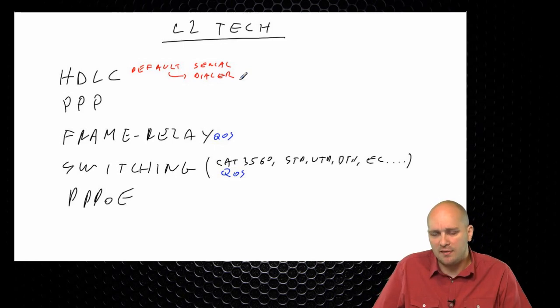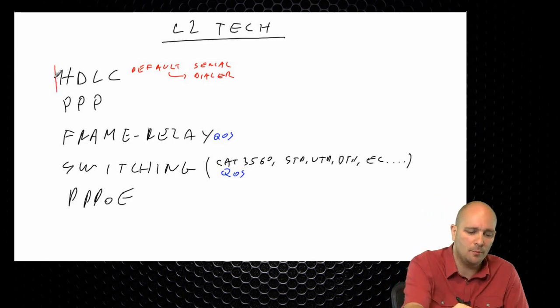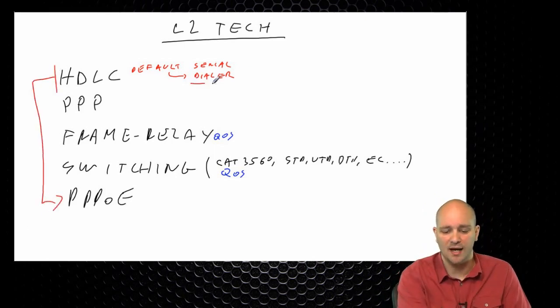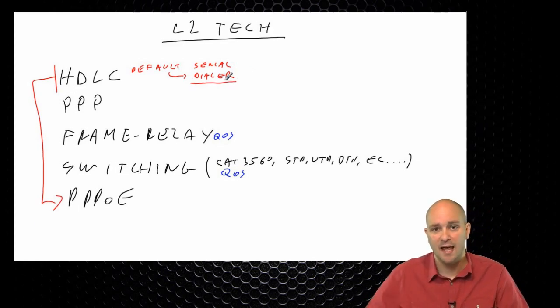Now, you might be thinking, why do I care about the dialer interfaces? It's 2013. We are no longer using dial-up. Well, when it comes to PPPoE, that does use the dialer interfaces on the client side. If you don't set the encapsulation manually to PPP on the dialer interface, you are going to try to run HDLC over Ethernet, and that is not going to be very successful because there is no such thing. So remember this.